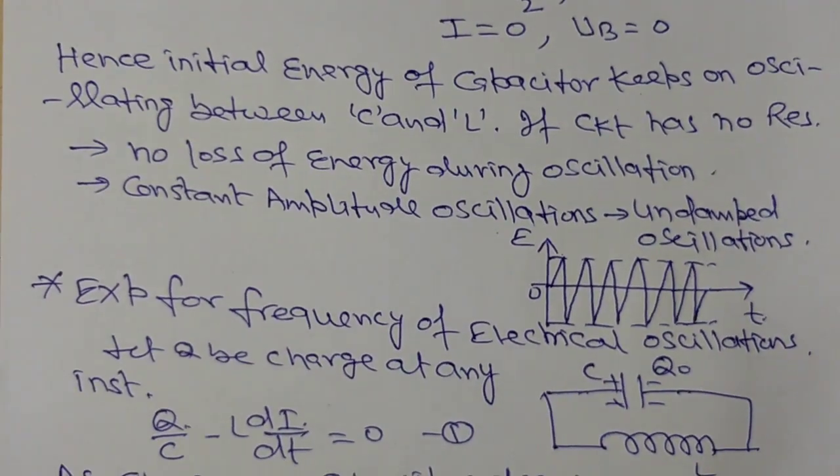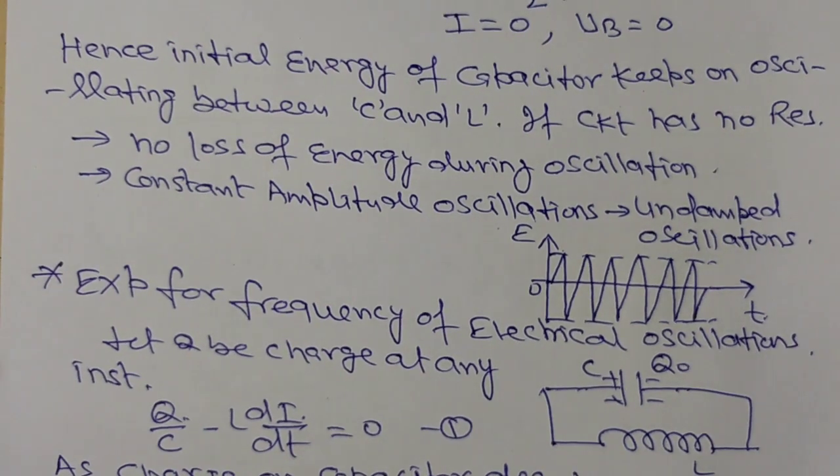Expression for the frequency of electrical oscillations, जो हमारे यहाँ पर चार्ज के ऑसिलेशंस हो रहे हैं, उन ऑसिलेशंस की फ्रीक्वेंसी हमें चाहिए. तो फ्रीक्वेंसी के लिए हमने लेट किया this capacitor which is initially charged and has maximum charge value Q naught and this inductor L, right, at t is equal to 0, no current is flowing, that is I is equal to 0 at t is equal to 0, and when this circuit is closed, the charge on the capacitor decreases, means some current is also flowing in the circuit.